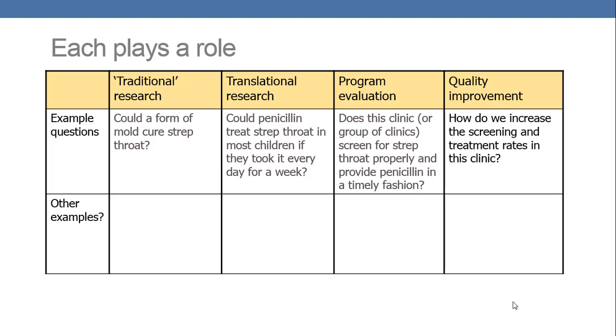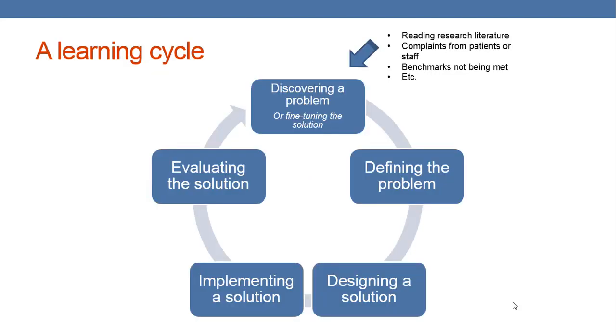And quality improvement would ask a really different question, but obviously interrelated to these others. And that is, how do we increase the screening and treatment rates in this clinic, assuming that strep throat can be cured by penicillin, assuming that we are actually implementing this properly? How do we get it so that we're doing it more consistently across all clinic encounters that are relevant?